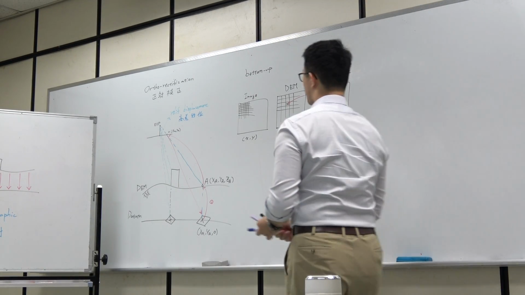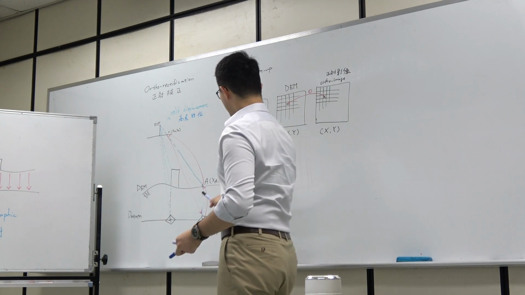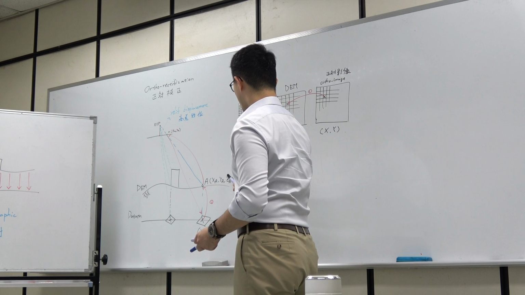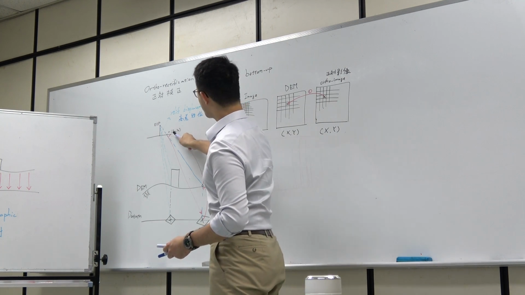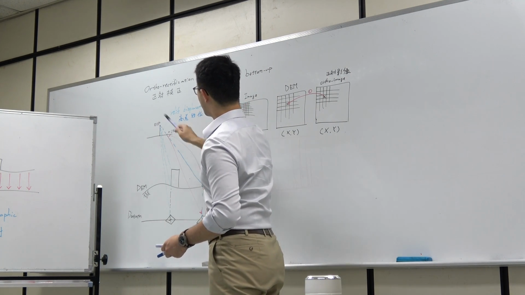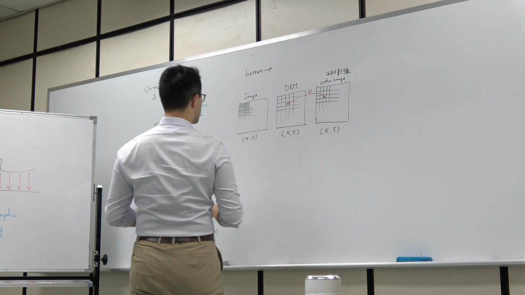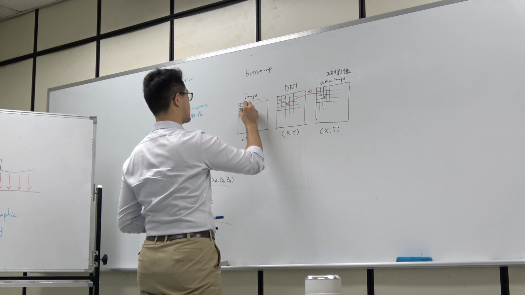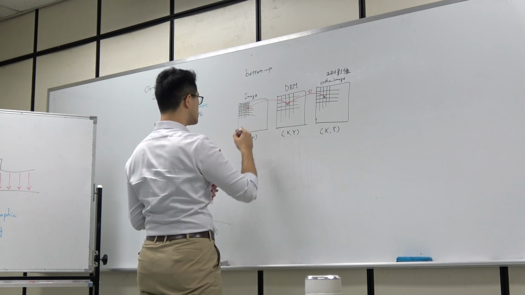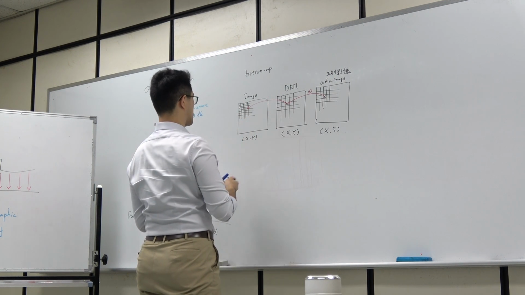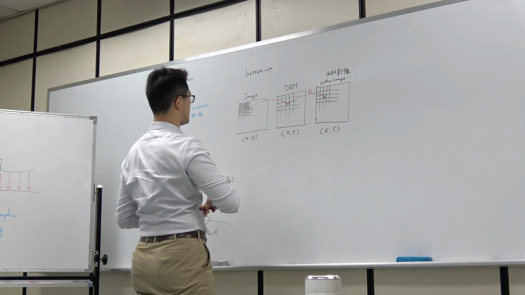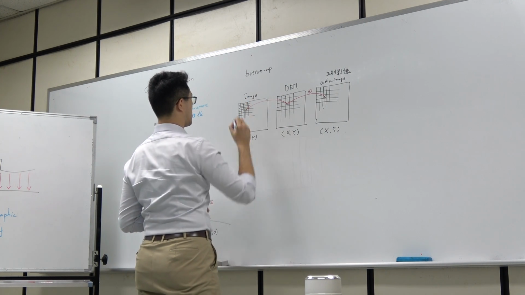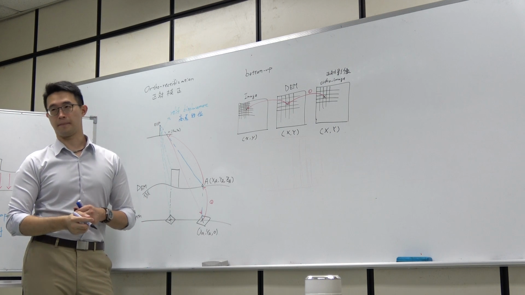With the known EOP over here, we can reproject the A, XA, YA, and ZA back to the image and obtain the small xa and ya. So let's assume that this is the reprojection process, and I can get a certain location over there.